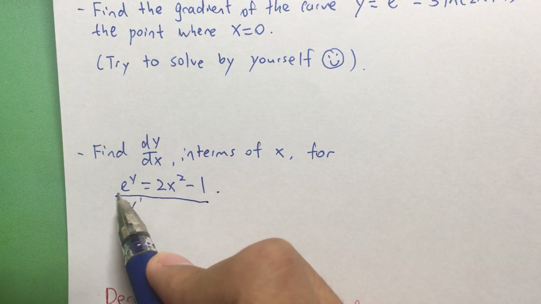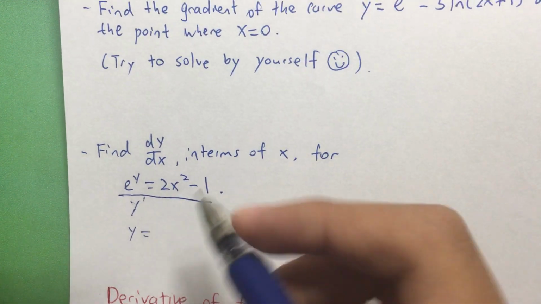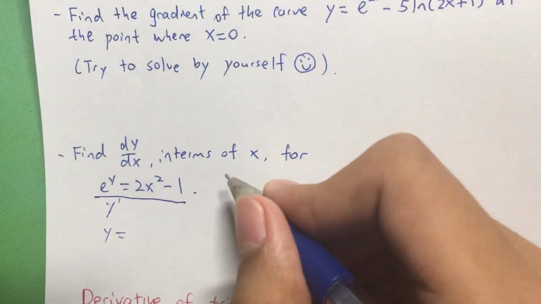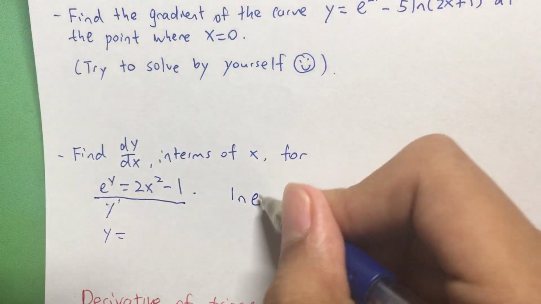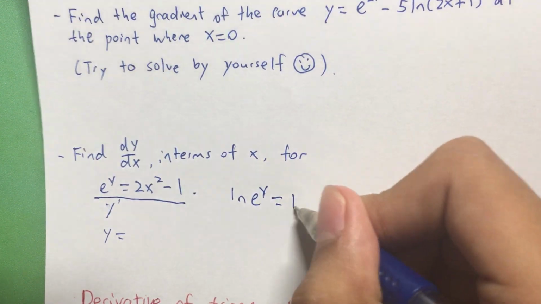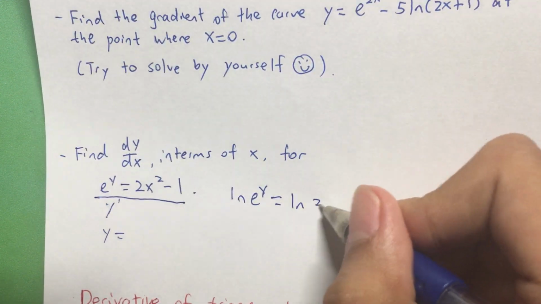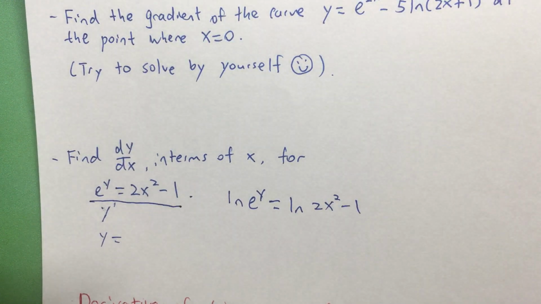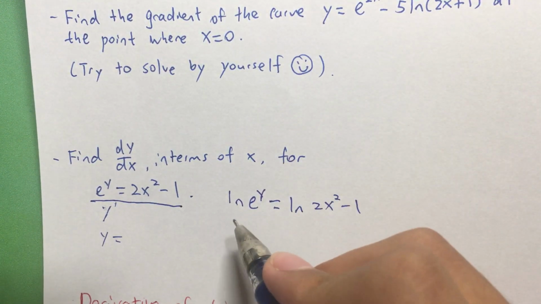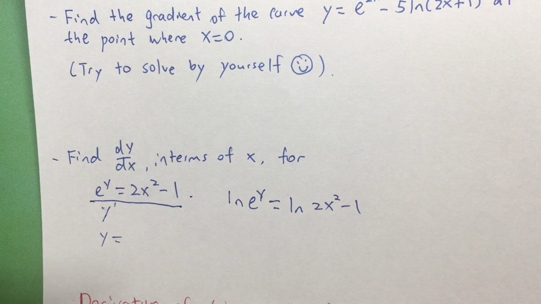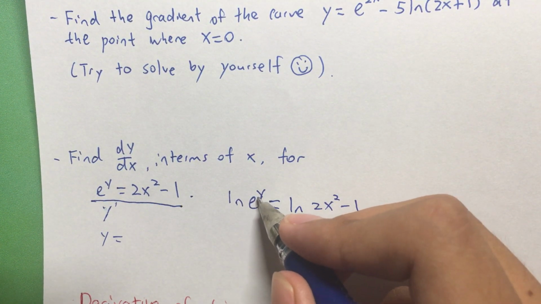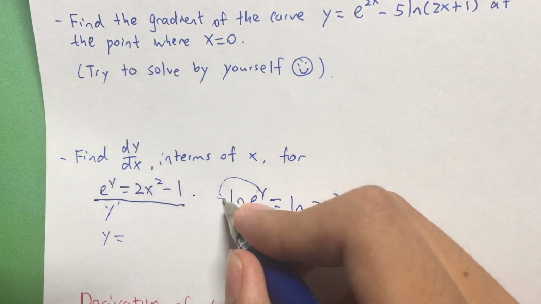Well, we can see that the base is e, so why don't we take ln on both sides? This will give ln e to the power of y equals ln of 2x squared minus 1. Why do we take ln? Because we know that ln is log base e. And here is e to the power of y, which means that we can bring the y to the front.